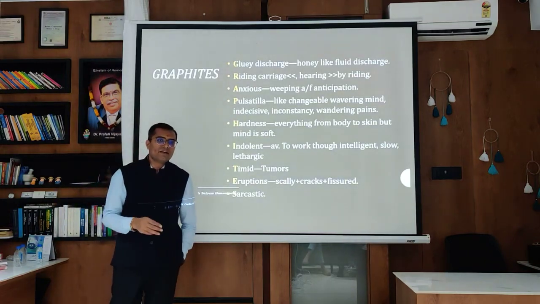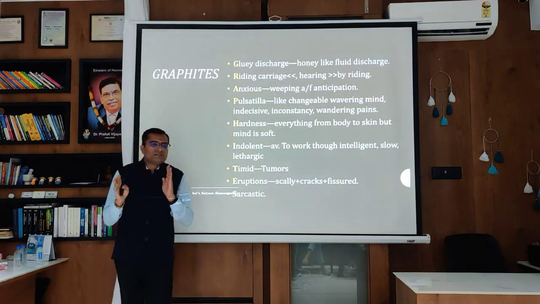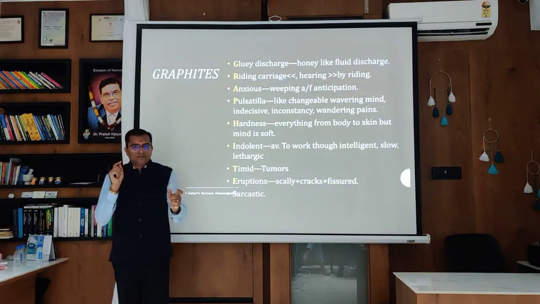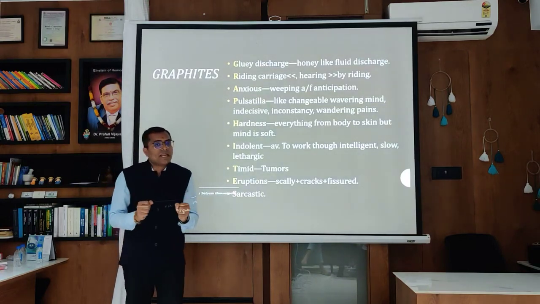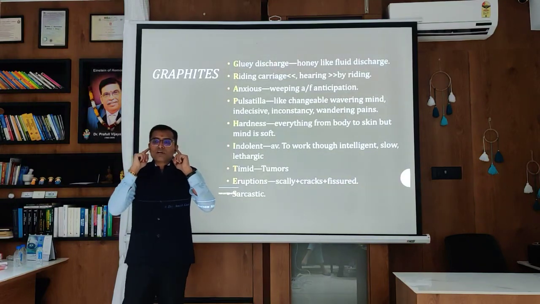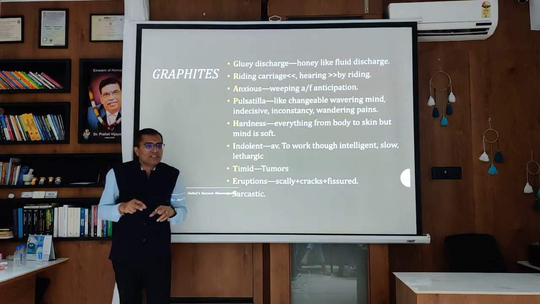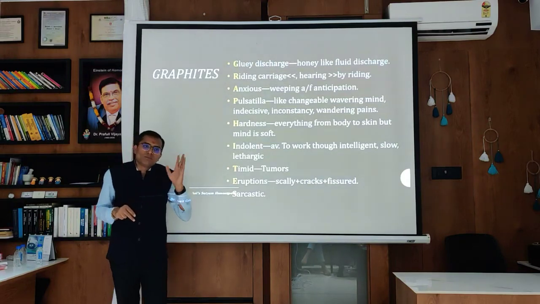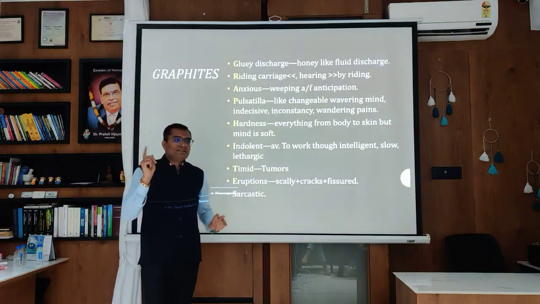Why riding in a carriage aggravation? Because graphites cannot adjust to the motions. Because any exertions bring on aggravation. So the motions get aggravated at the level of the organ of equilibrium in the ear, and that leads to disturbances of the otoliths. And that otolith is not acting properly, so it leads to the riding in carriage aggravations.